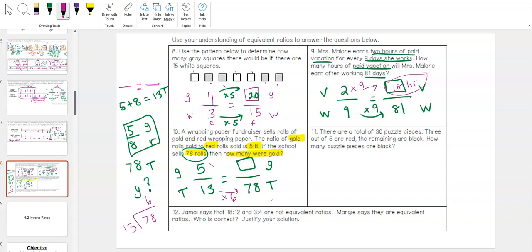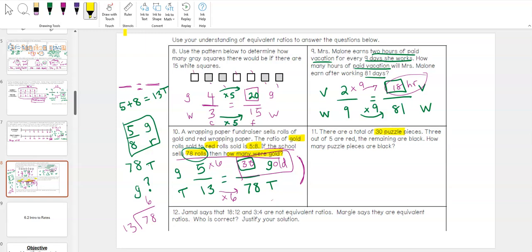So I'm going to do 5 times 6 to get my answer. There's going to be 30 rolls of gold paper. Okay. See how we had a little bit of math in order to figure this out. And this last sentence is kind of the sentence that told me what I'm comparing. So let's try this again.